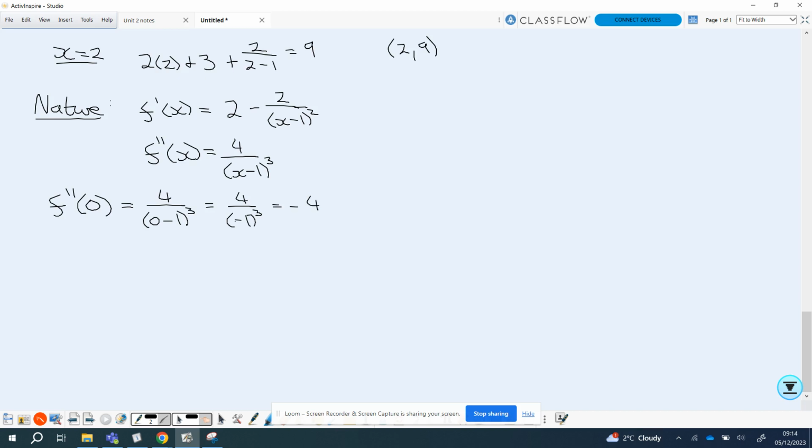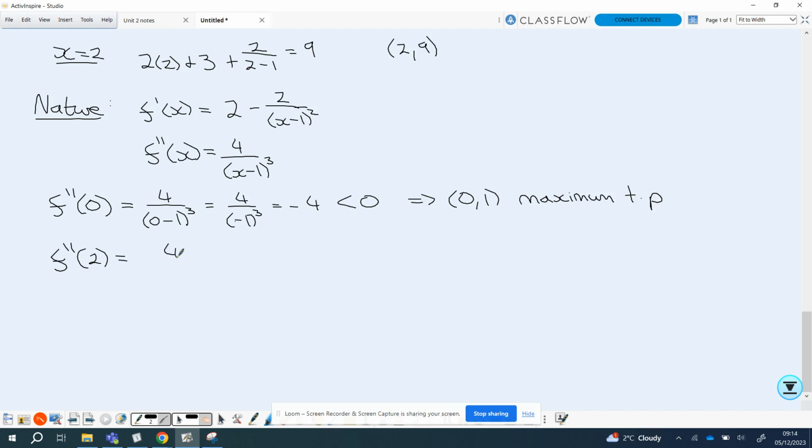Doesn't really matter the value, the main thing is that it is less than 0. Therefore, 0, minus 1 has a maximum turning point. If the second derivative is less than 0, it's a maximum.